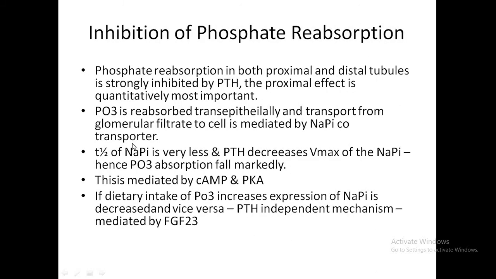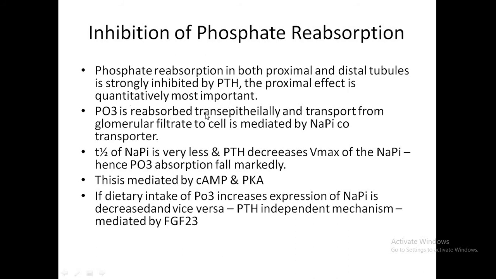And what does PTH do in the case of phosphate? Phosphate reabsorption in both proximal and distal tubules is strongly inhibited by PTH, and the proximal effect is more important, because here most of the phosphate is absorbed.